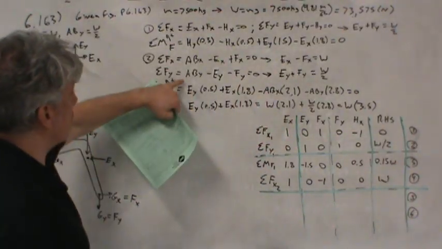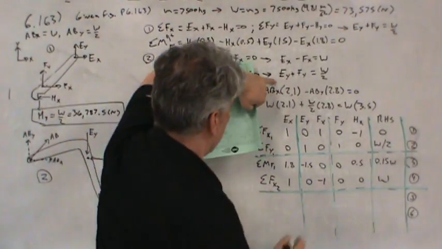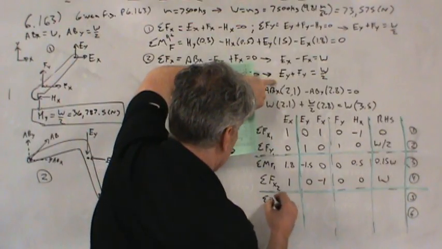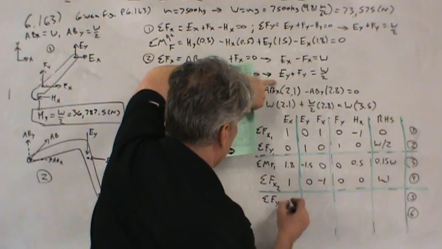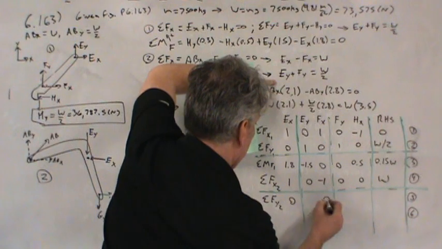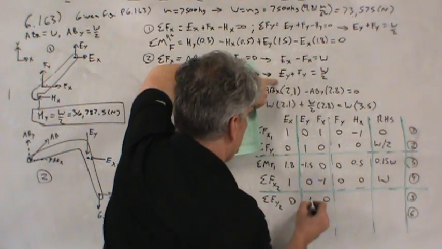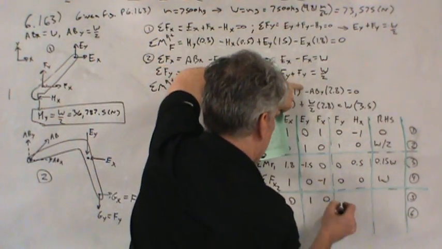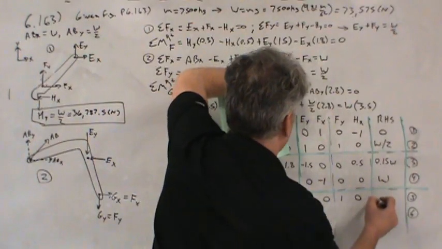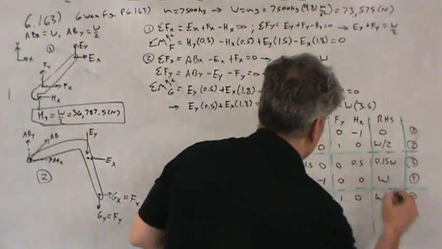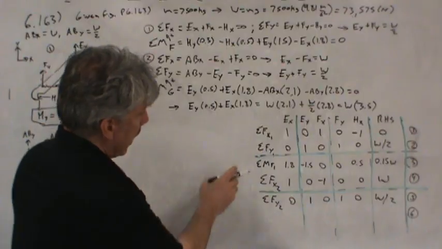How about summing forces in the y direction? What do we end up with? Well, no x components. Summing forces in the y direction for body 2, no x components. But we do have a positive Ey and a positive Fy, no Hx, and we get W over 2. Now notice something at this point.